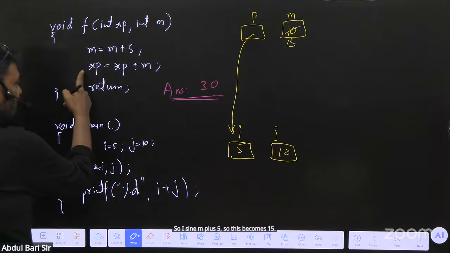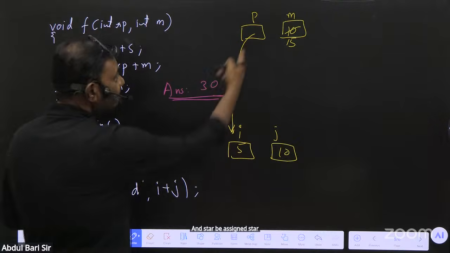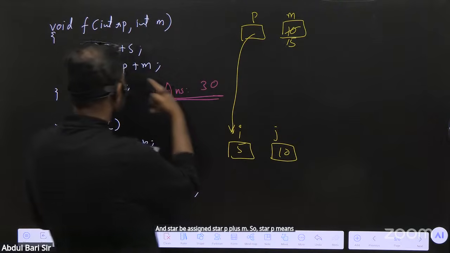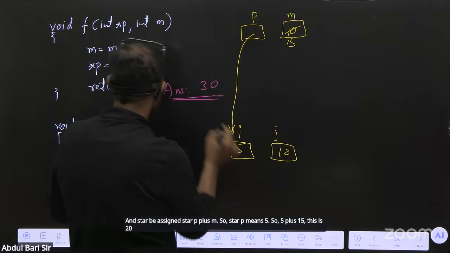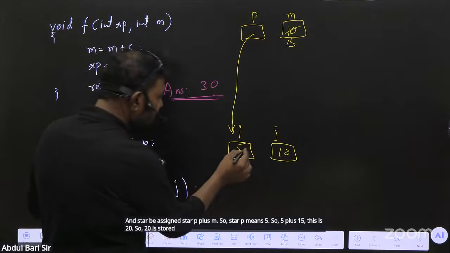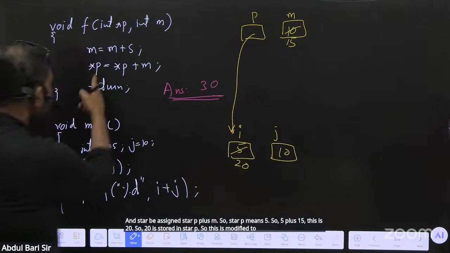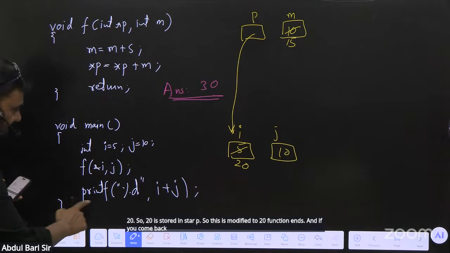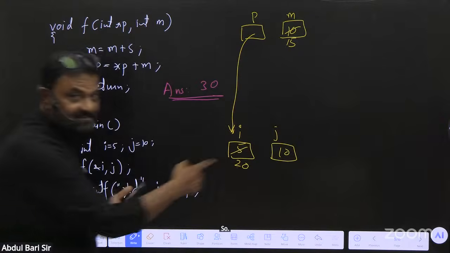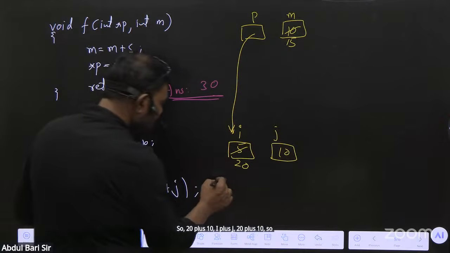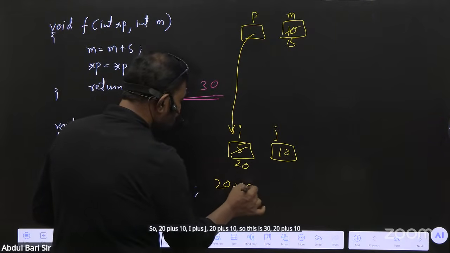And *p = *p + m. So *p means 5, so 5 plus 15, this is 20. So 20 is stored in *p. So i is modified to 20. Function ends, and if you come back here, it is printing %d of i + j. So 20 plus 10 is printed. So that is 30.